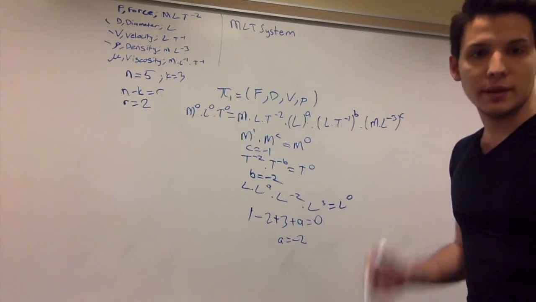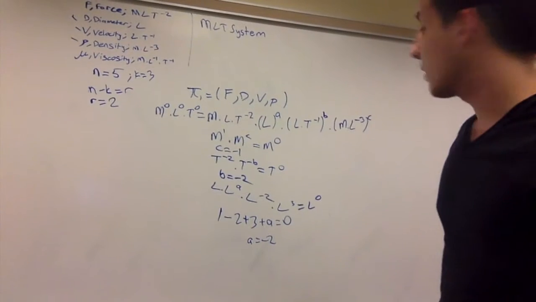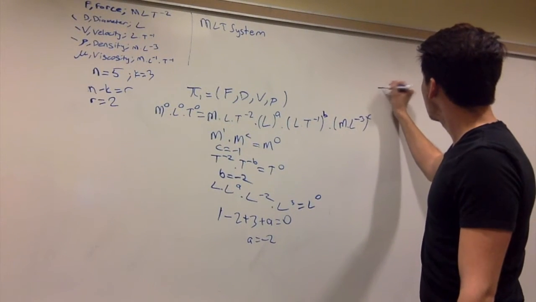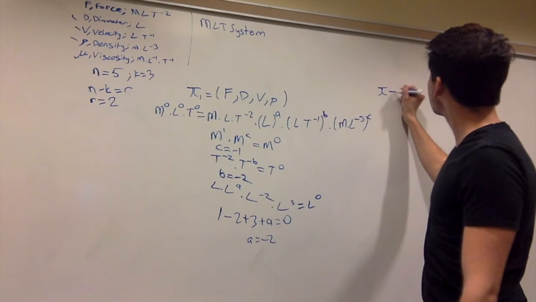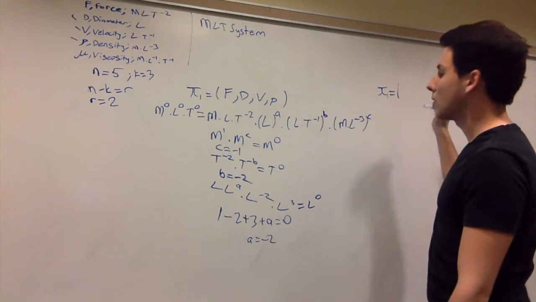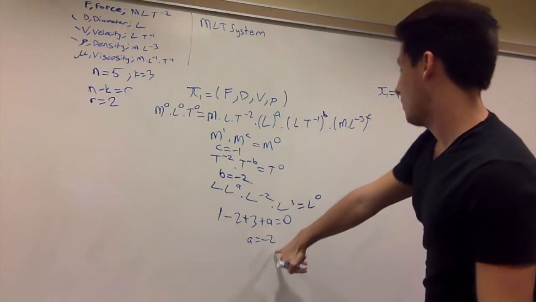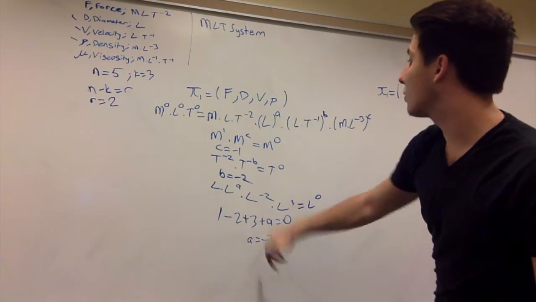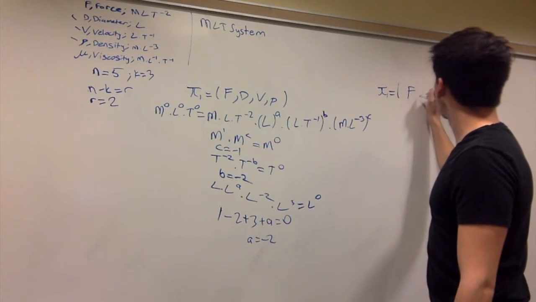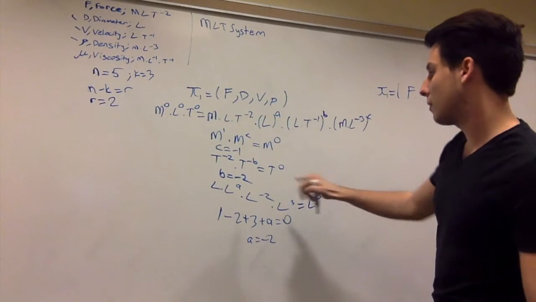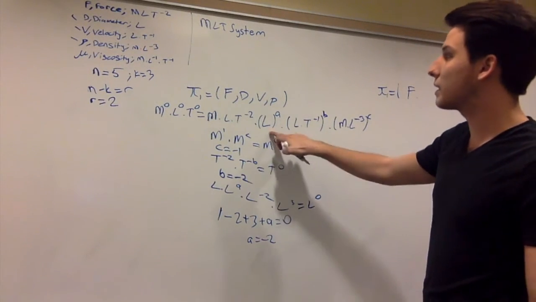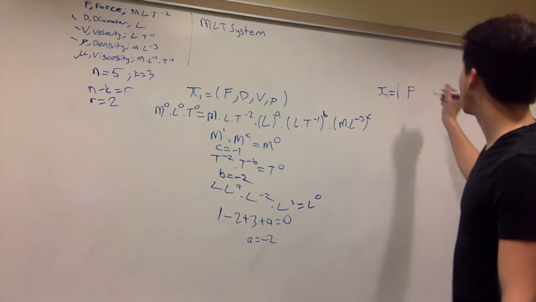So let's write this concept in pi terms. Pi 1 equals force times L to the power of -2. What is L? L is our diameter.